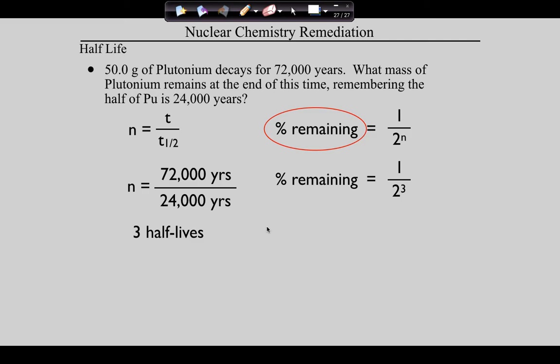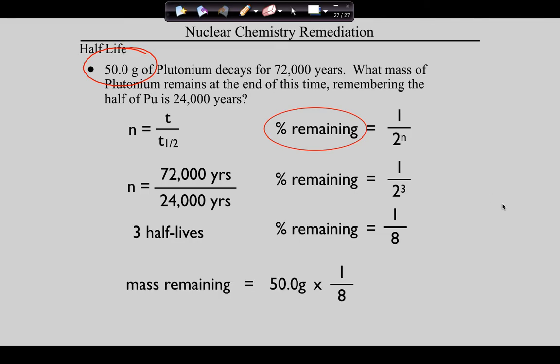Now be careful, because 1 over 2 to the third is not 6. This is an exponent, so it would be 2 times 2 times 2, or an eighth. So we know that our percent remaining will be 1/8. But it's 1/8 of the 50 grams that we originally started with. So if we take 50 grams and multiply it by an eighth, that would be 6.25 grams.